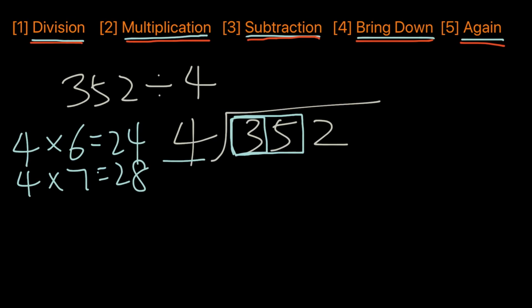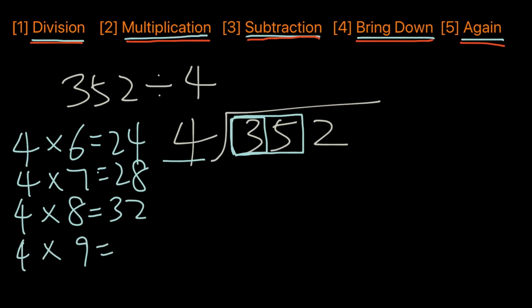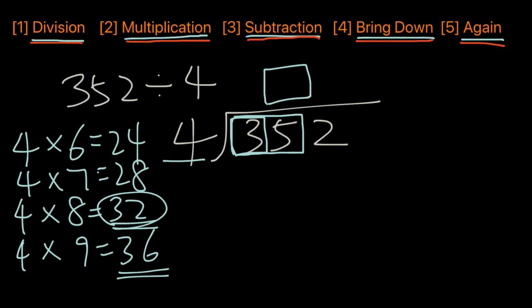The number can still be bigger, so let's try 4 times 8. 32. That's very close. Let's try the next one. 4 times 9 equals 36. Now 36 is too big, but 32 is just fine. So we're gonna place 8 here. So 4 times 8 equals 32.